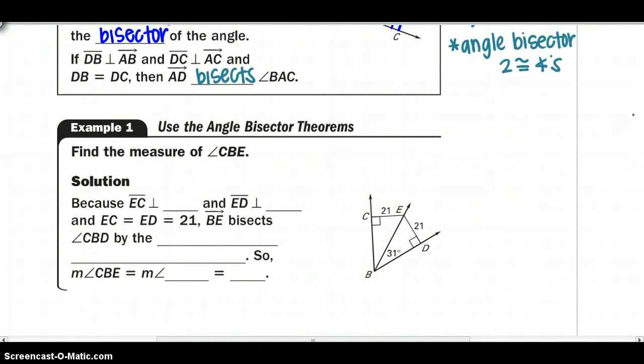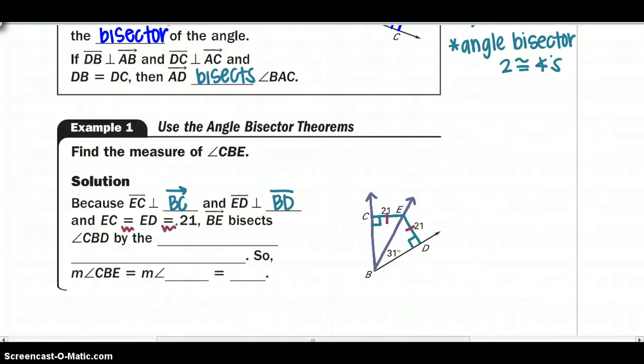So in example 1, we need to find the measure of CBE. So I'm trying to find the measure of this angle right there. Because I know that EC is perpendicular to ray BC, and I also know that ED is perpendicular to BD, and I also know that EC and DE are both 21, so they are equal.